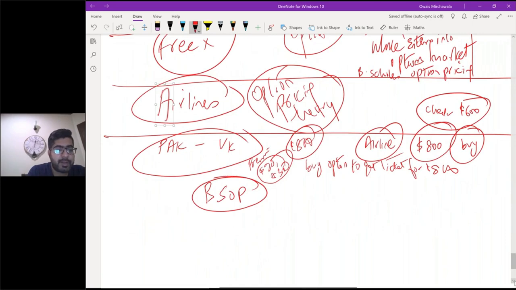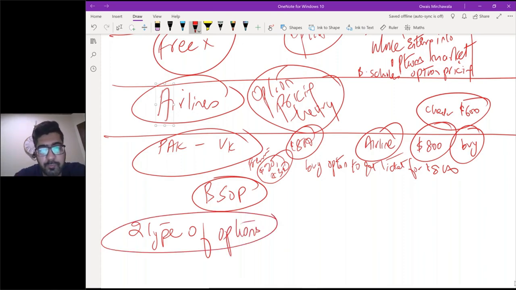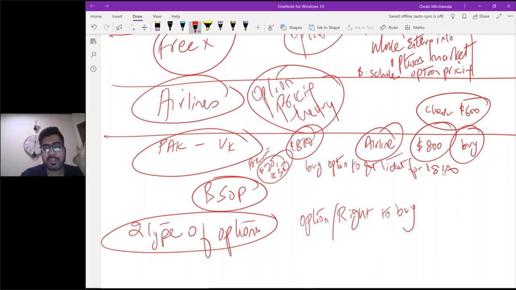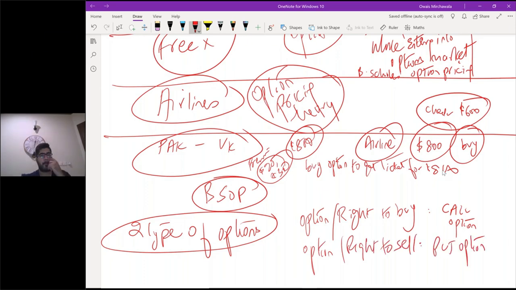Now in the real market, there are two types of options. If you want an option or right to buy something, this is called a call option. And if you are taking an option or right to sell something, this is called a put option.